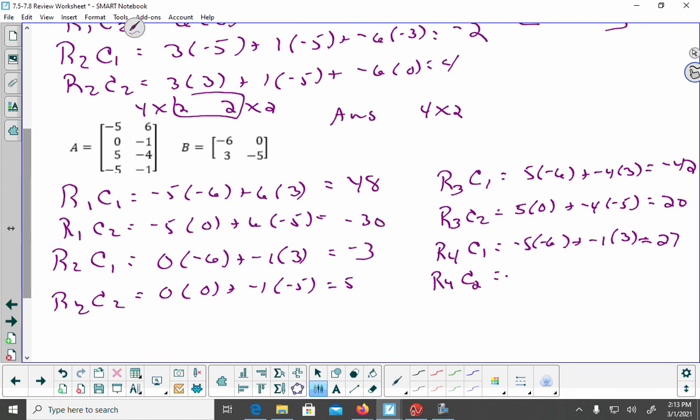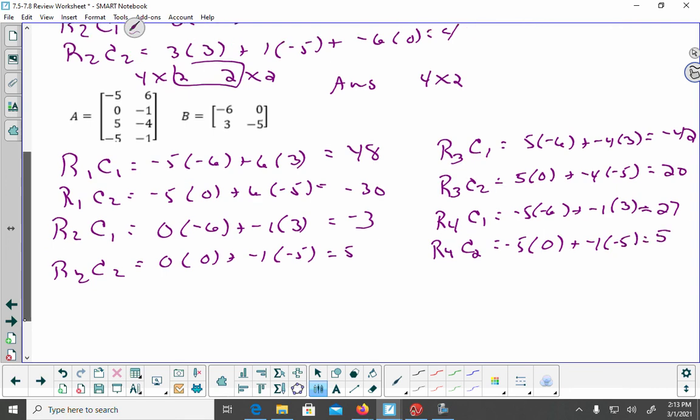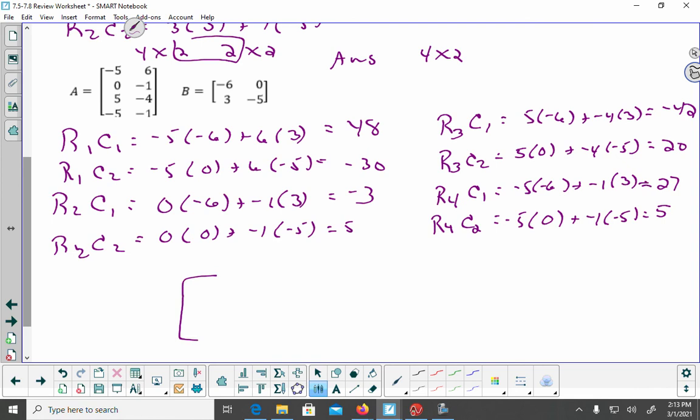That's going to be negative 5 times 0 plus negative 1 times negative 5, and that'll just be 5. So my matrix, and this is row 1, column 1: 48, negative 30, negative 3, 5, negative 42, 20, 27, and 5. And there's my 4 by 2.